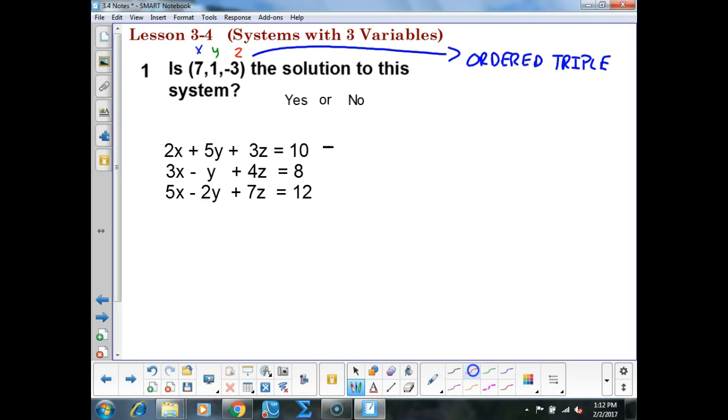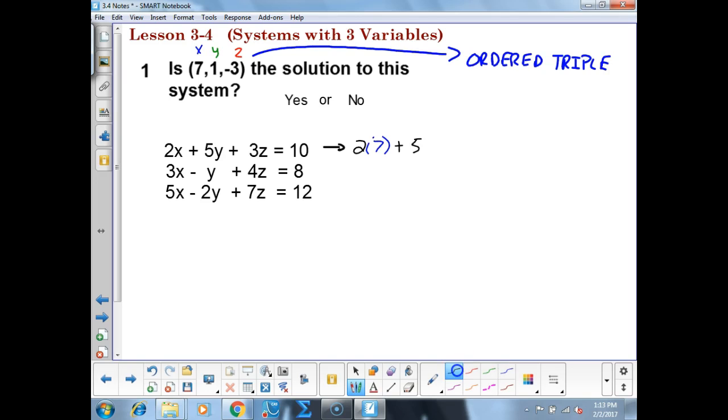So, this becomes 2 times 7 plus 5 times 1 plus 3 times negative 3.